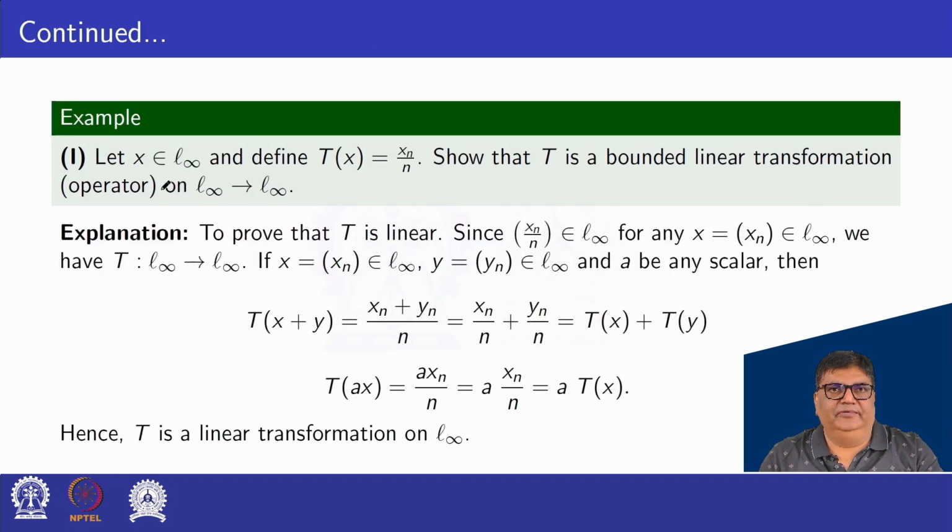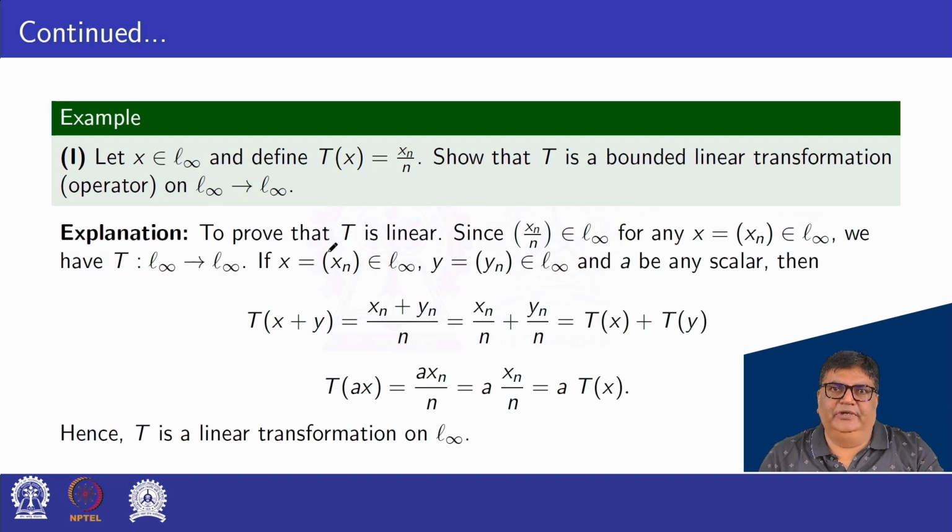For example, let x be an element of L infinity and define Tx equal to xn upon n. Then T is a bounded linear transformation from L infinity to L infinity. Explanation.